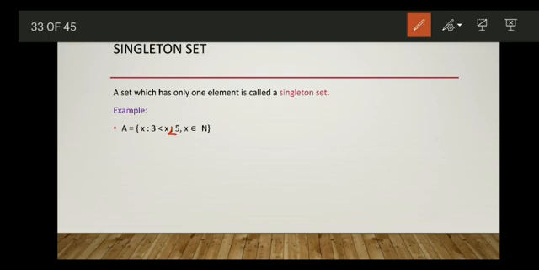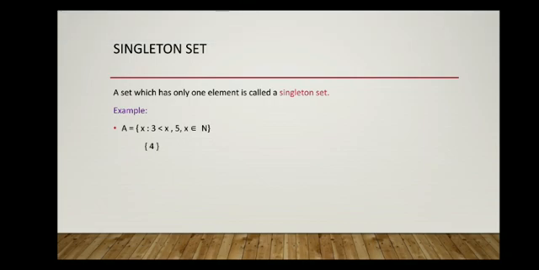Counting numbers are natural numbers, that is numbers starting from 1, 2, 3 etc. So here x should be between 3 and 5. So what is the number between 3 and 5? 4. So 4 is the only number that is between 3 and 5, right? So it has only one element. So this set is a singleton set.